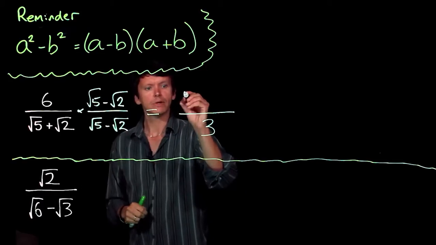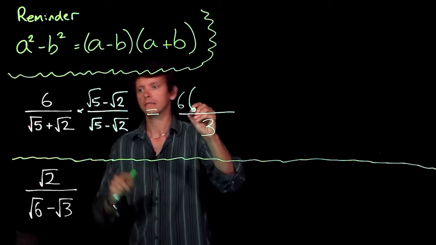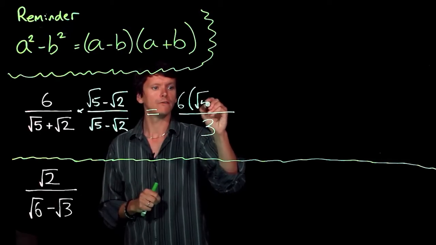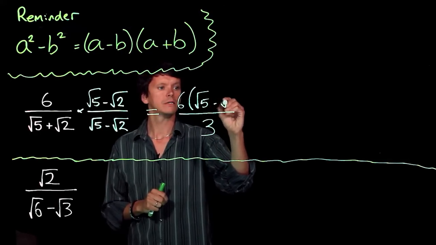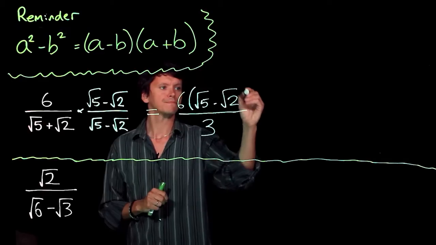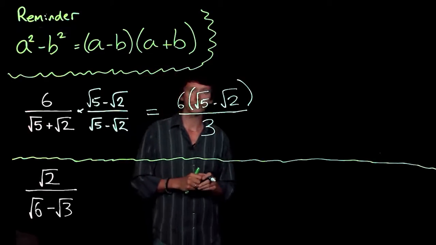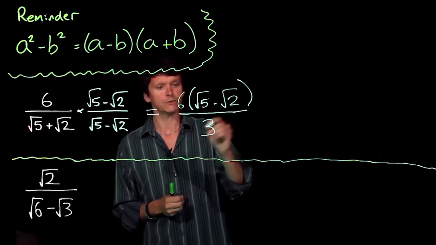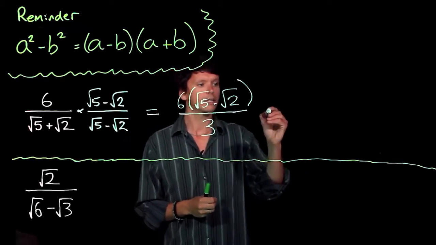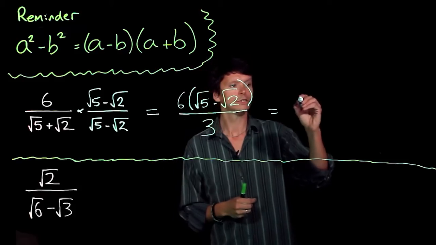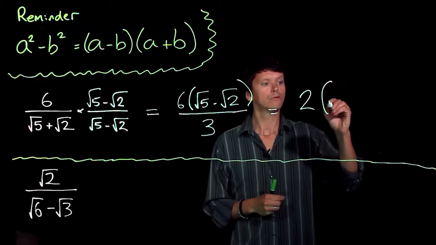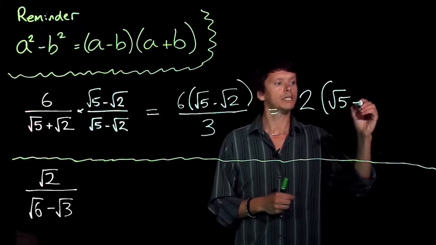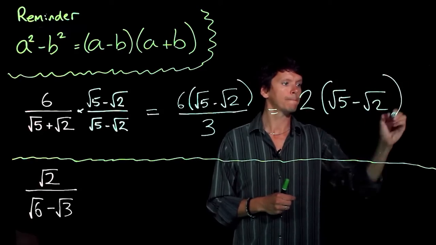And in the numerator, we're going to have 6 times root 5 minus root 2. And we're almost done. The only other thing that you would notice there is that you can cancel through because you've got a 6 and a 3. So you can cancel through there and you'd have 2 bracket root 5 minus root 2.